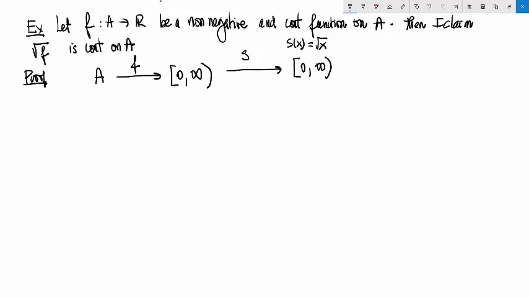And then this map, which is s composed with f, is the square root of f.